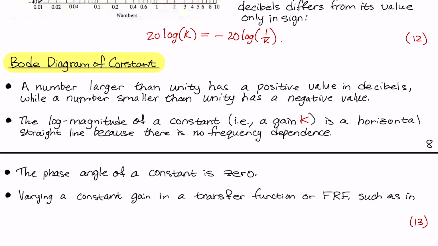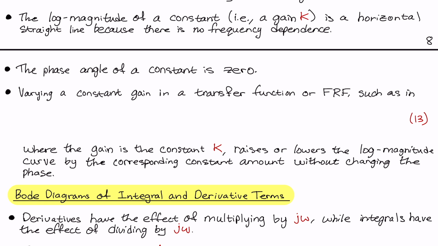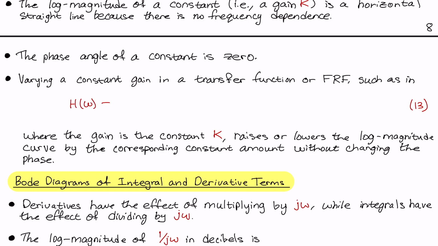All right, so just as an example, if we want to vary some gain or some constant in a transfer function, such as in H of omega equal to some big fraction, we'll have capital K times quantity j omega plus z0, that's our first zero, multiplied by j omega plus z1, the second zero, dot, dot, dot, then multiplied by j omega plus zm for the mth zero.